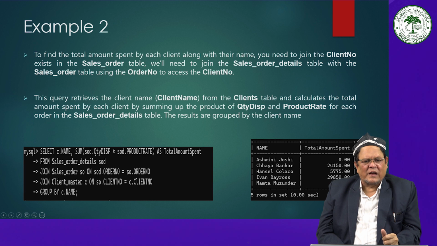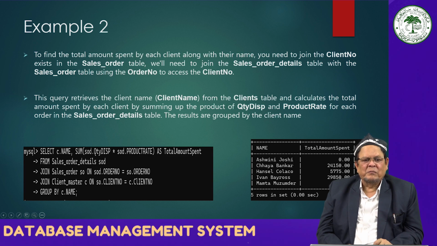You have to write the query like that in MySQL. This query retrieves the client's name from the client's table and calculates the total amount spent by each client by summing up the product quantity displayed and product rate for each order in the sales order detail table.